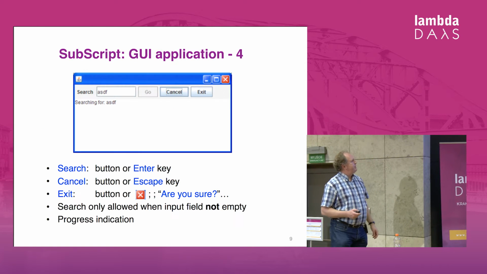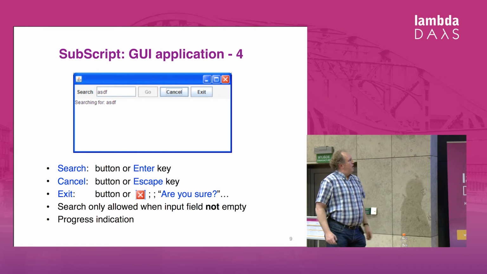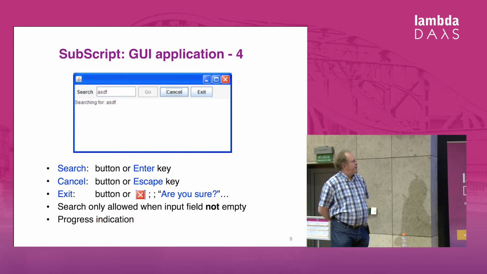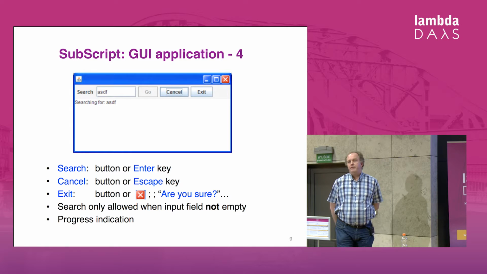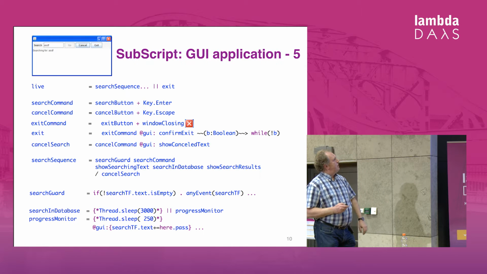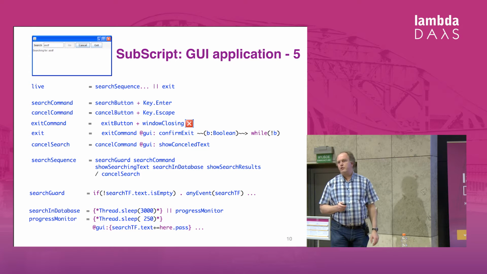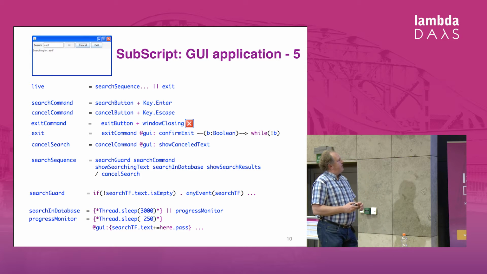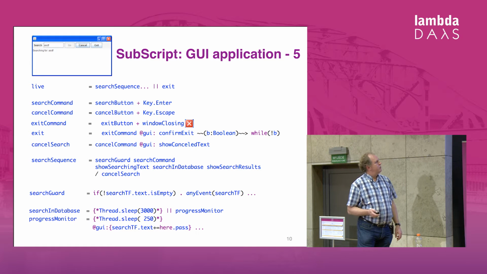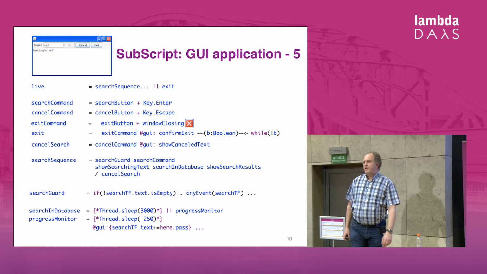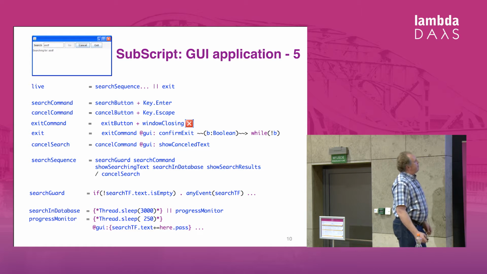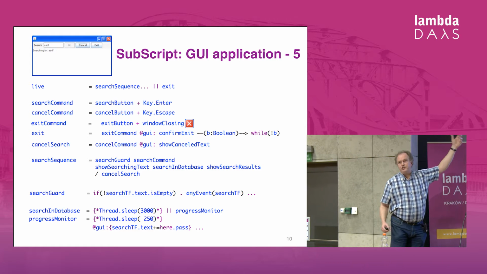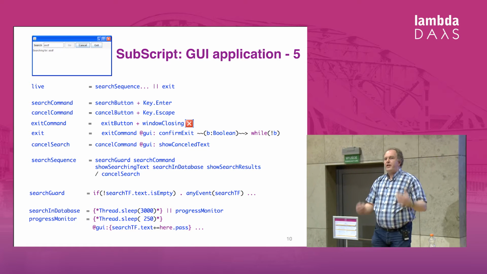And now you can easily extend the program. For instance, if you want to have a cancel option and an exit button, and you must also be able to use the enter key, for instance. So again, we have an eternal loop of search sequences. And the search command is a search button, but now we can also add the enter key. That's an OR operation. Both things work. And we are not really adding processes together, but we are adding things.